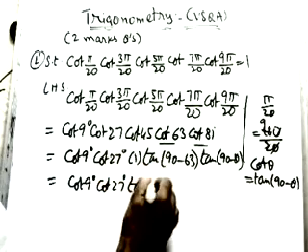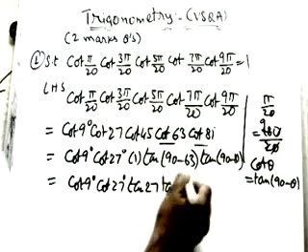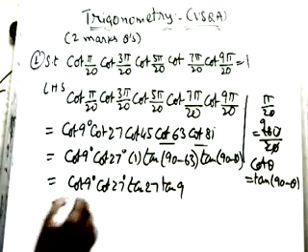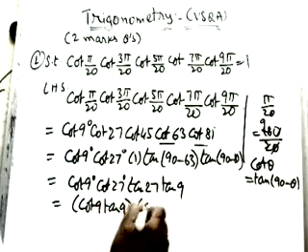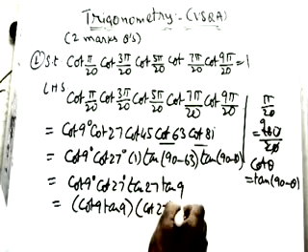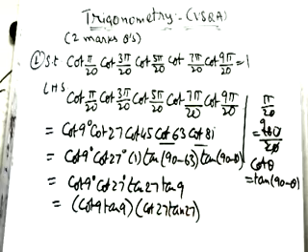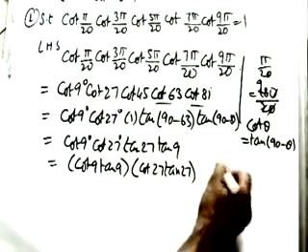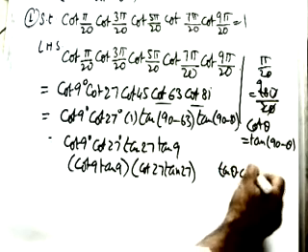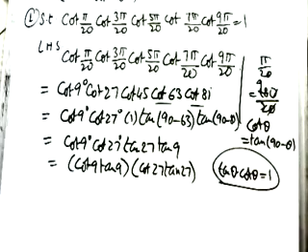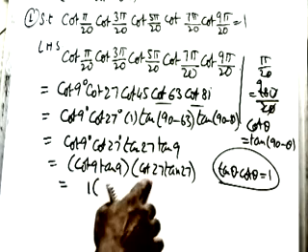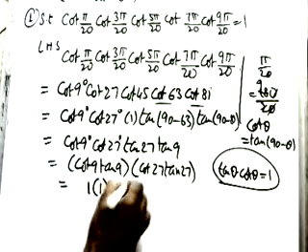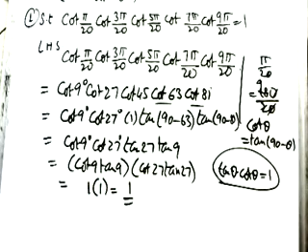Now this will be tan 90 minus 63, which is 27, and tan 90 minus 81, which is 9. I'm writing these two together: cot 9 into tan 9 into cot 27 into tan 27. Why did we write it like this? Because tan theta and cot theta are reciprocal values. Therefore, tan into cot is 1. So cot 9 into tan 9 will be 1, cot 27 into tan 27 will be 1, so 1 into 1 will be 1.